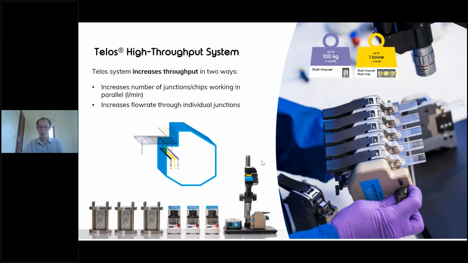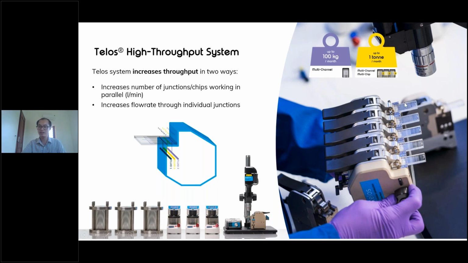As we know, the production rate can be increased, or the system scaled up, in two ways using the Telos system. One is to increase the number of junction chips working in parallel.